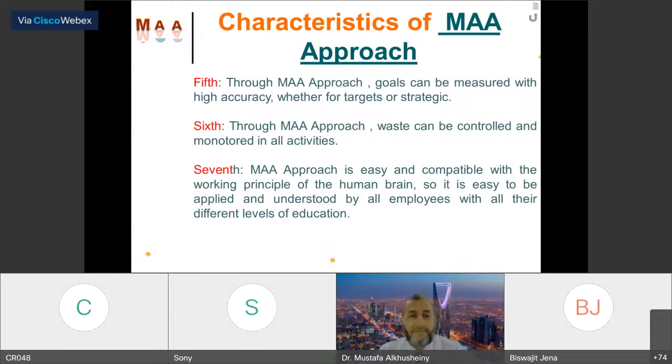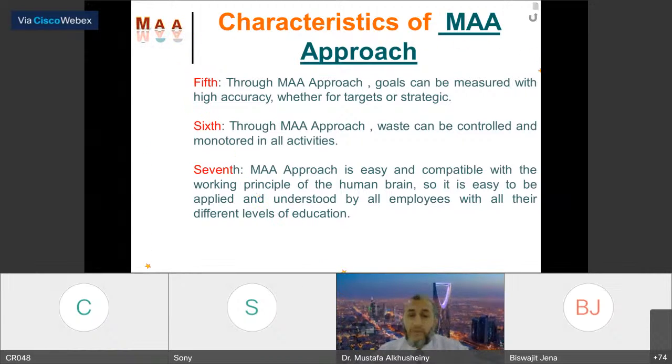Through my approach, goals and objectives can be measured with high accuracy, whether for targets or the strategic goals. Through my approach, waste can be controlled and monitored in all activities.